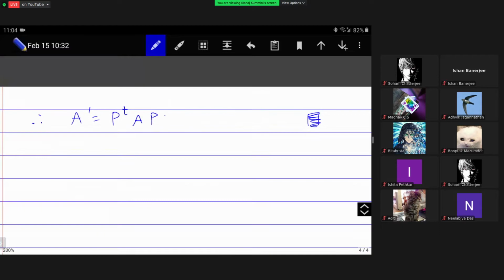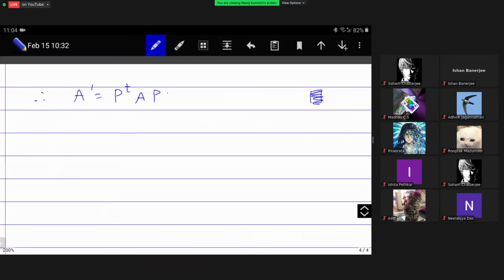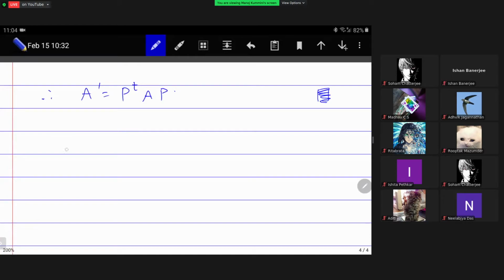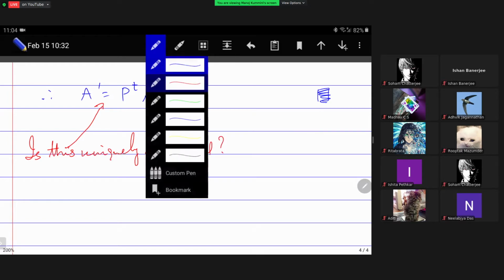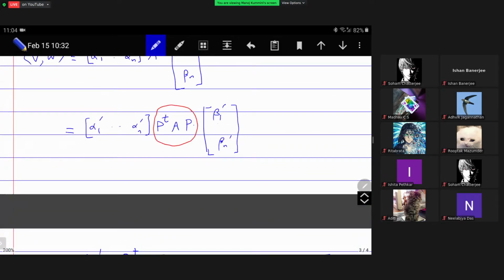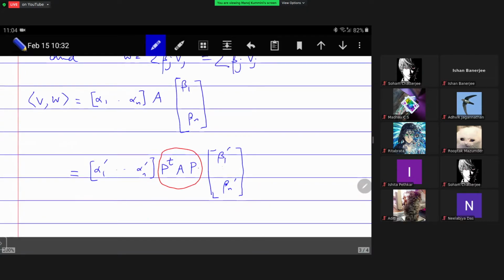Good question. Let us think about this. Suppose you have two matrices. This is uniquely determined. What exactly are we saying? We have two vectors. Now we can ignore that there is some coordinate-free description of the vector.